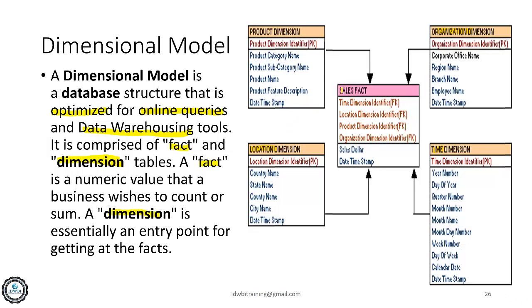Now, when it comes to the sales fact, we are seeing the measures, which are the numbers with which you can quantify how much sale you've done, on what products, in which location, under which organization, at what time, right? With these, you'll get the answers to questions like, what is the total sales dollar value for a particular product? What is the total sales dollar value for a product in a particular location?